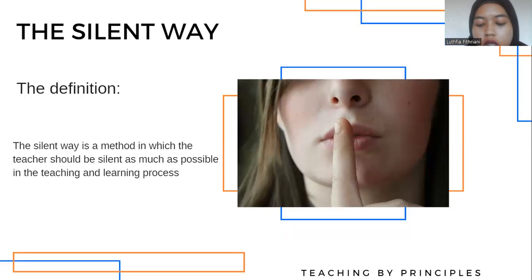So in the teaching and learning process, the teacher just provides single word or phrase stimuli with props such as words or word charts, and the students should discover their understanding of the meaning and pronunciation of the words by themselves, with minimal corrective feedback from the teacher.